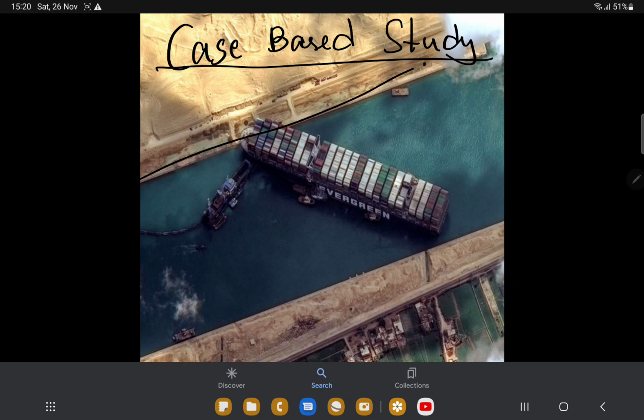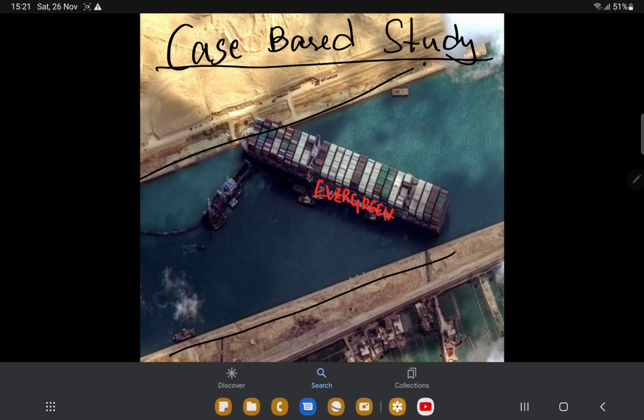Here land is there. Here land is there. This is the Suez Canal. What happened was, a ship, here you can see Evergreen, it is written here in white letters. A very huge carrier, Evergreen, got stuck in the Suez Canal.